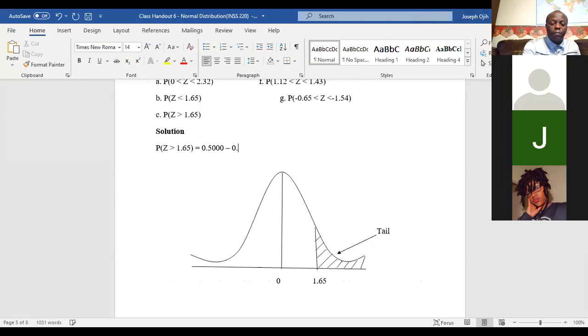Minus 0.4505. I think it's 1.65, I believe. Anyway, 0.4505 for 1.65.